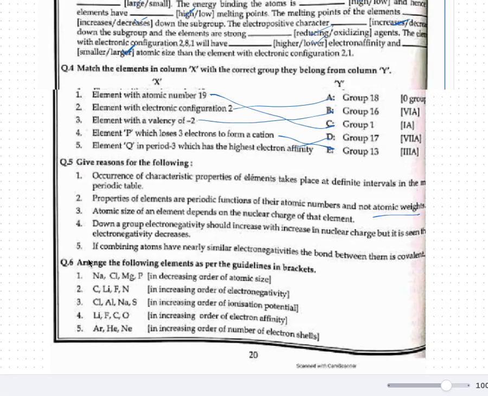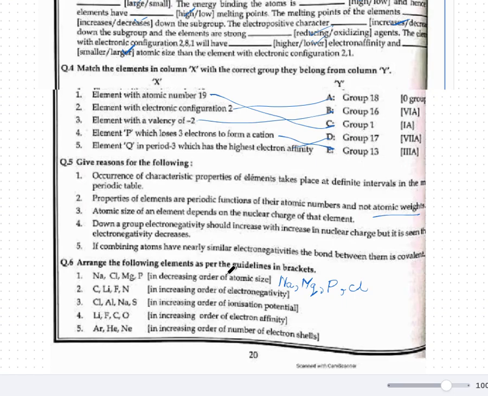So first it is sodium, then comes magnesium, and then comes phosphorus, and then at the right end, chlorine. Chlorine has the smallest size.